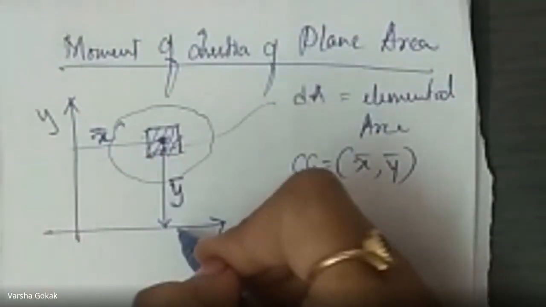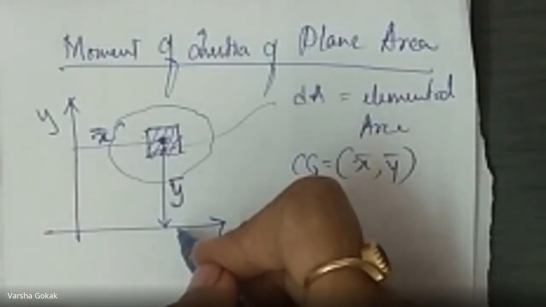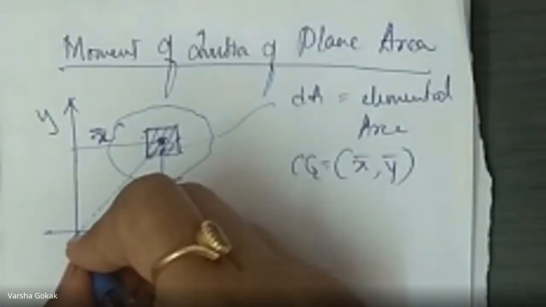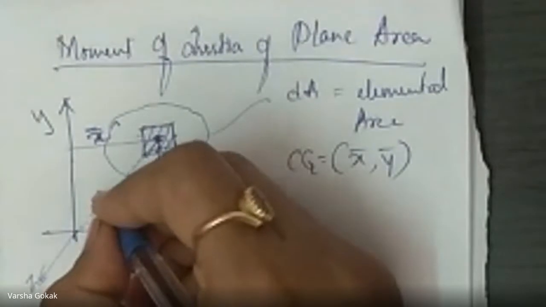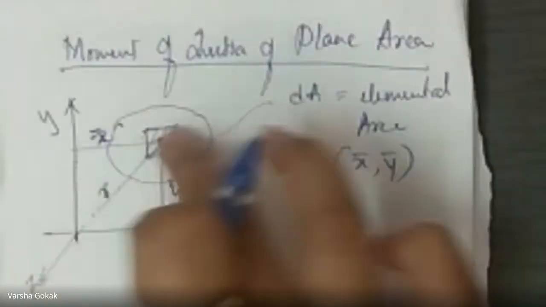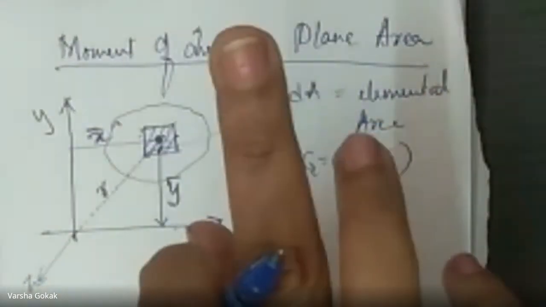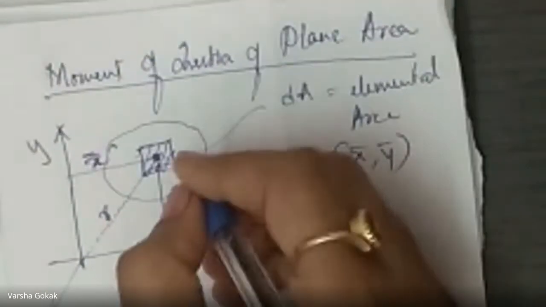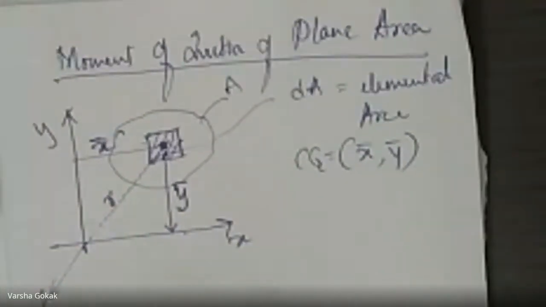Now x and y are your Cartesian coordinates, so we'll have polar coordinates also. Polar coordinates, I'll draw it from this z axis, and it will be called r. So this is x, this is y. Polar coordinate is r, and this is dA, the elemental area. The entire area of the object is going to be A.